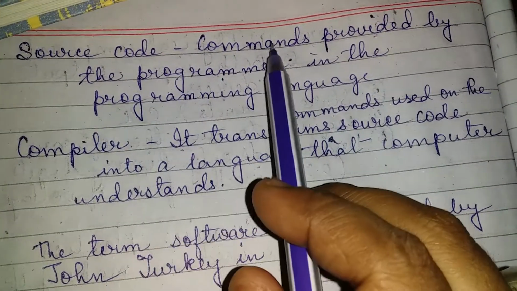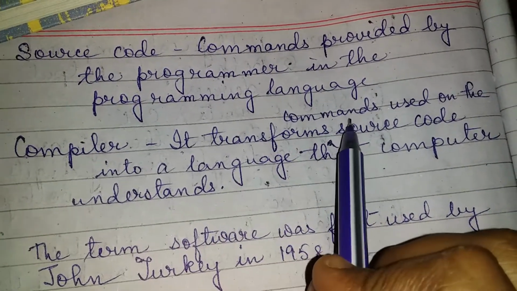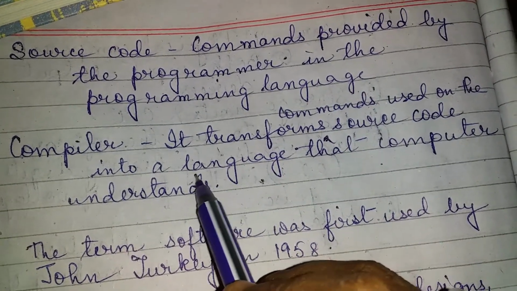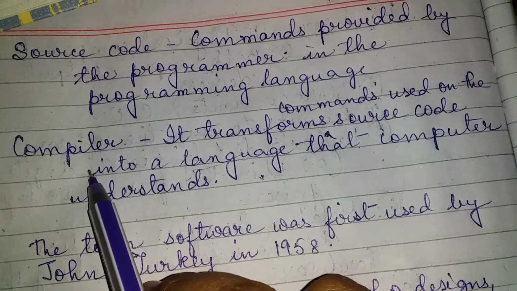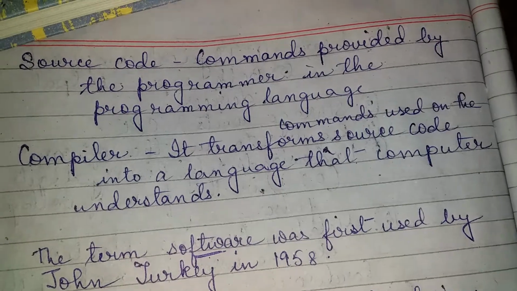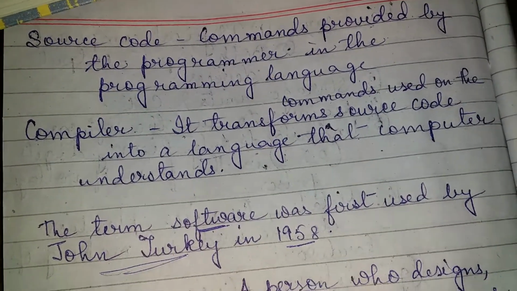So the source code uses the commands provided by the programmer. Now when these commands used by the source code are transformed into a language that the computer understands, that is done by our compiler. The term software was first used by John Tukey in 1958.